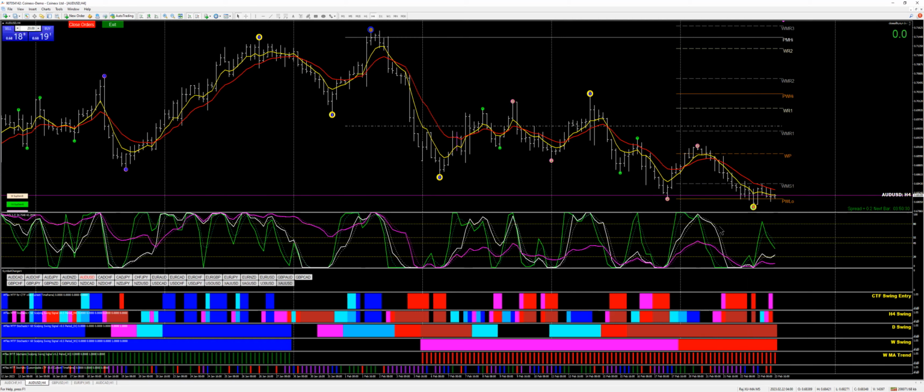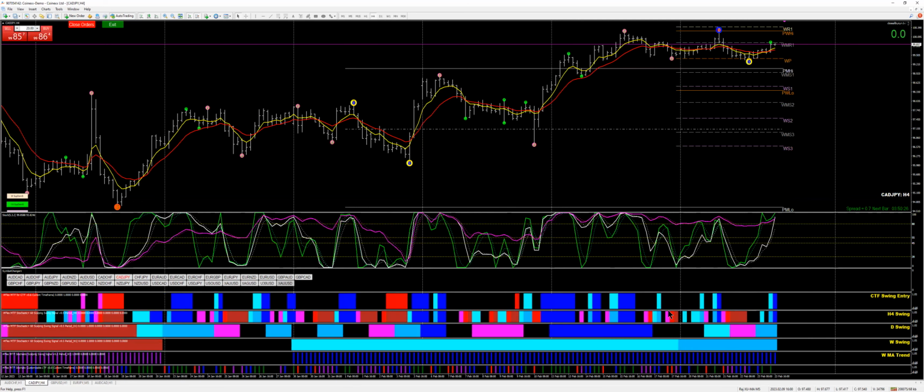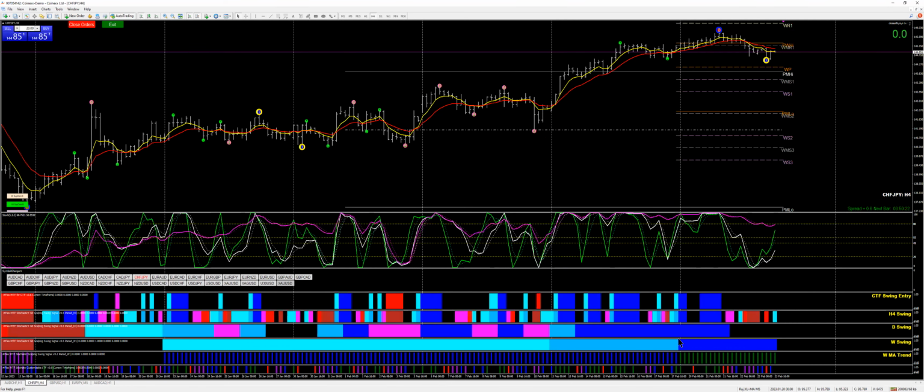Now, let's just keep going, right? CAD yen, no trade. Swiss yen is a bullish trade, and it's ready right now. So let's put it in CHT, ready to go long.